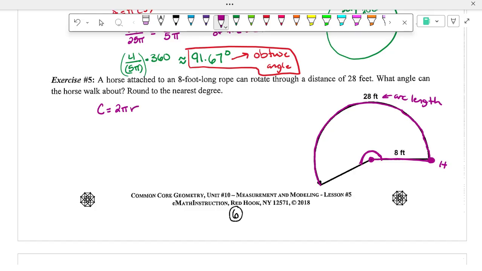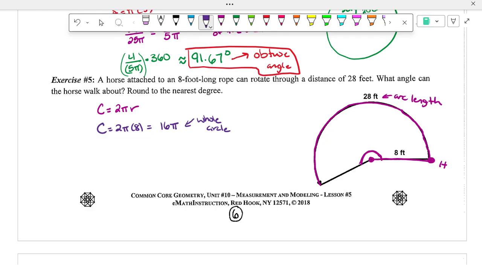So we're doing 2 pi r. What's my radius? 8. So my circumference is 2 pi times 8, so just 16 pi. Now, this is my whole circle. In other words, if we made a whole circle of fencing, there would be about 16 pi worth of fencing.